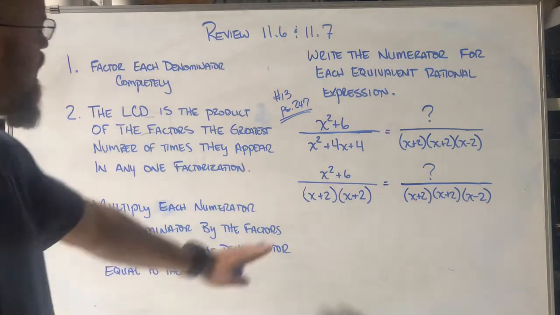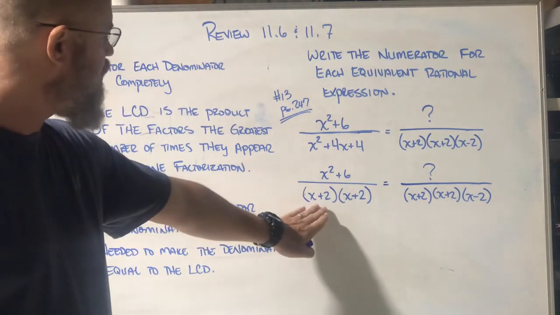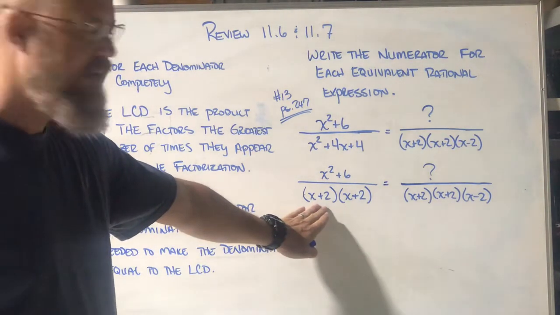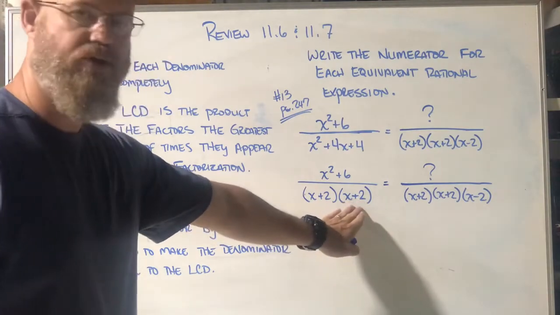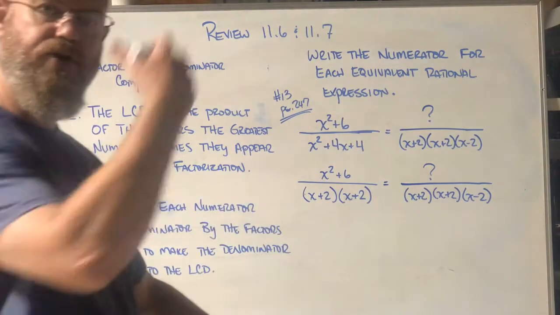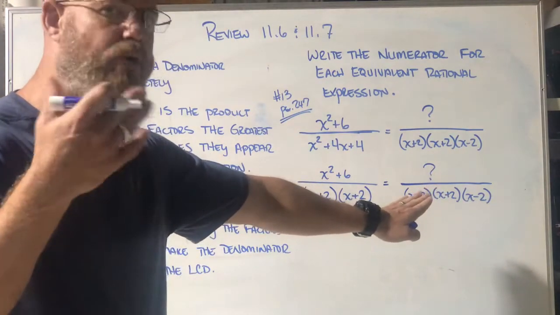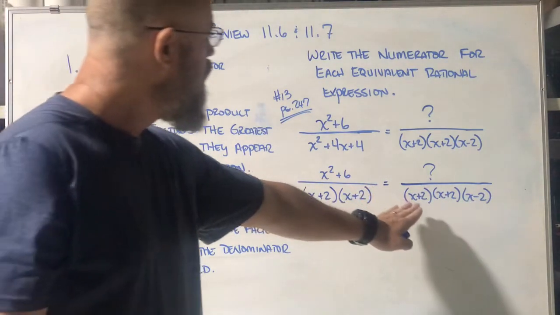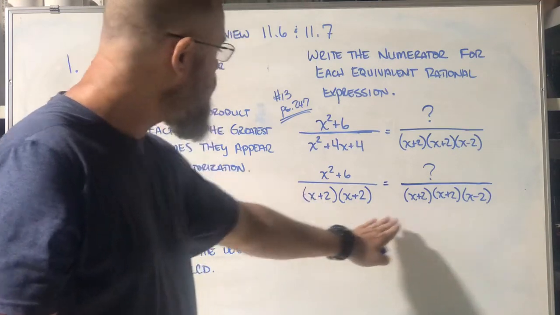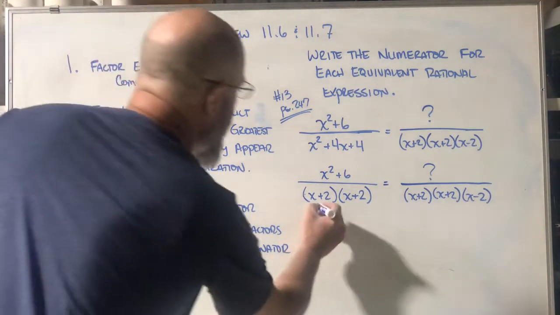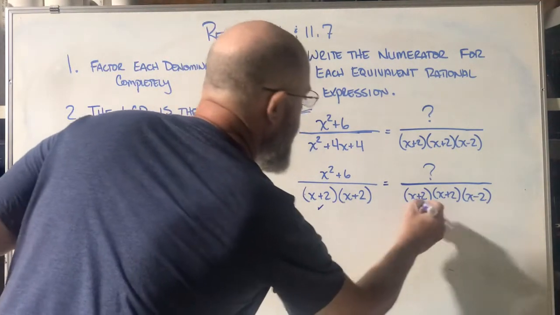If I look at the original denominator, I had x plus 2 times x plus 2. In the new denominator over here, which is going to have an equivalent value, the denominator has x plus 2, so that checks. I've got one x plus 2.